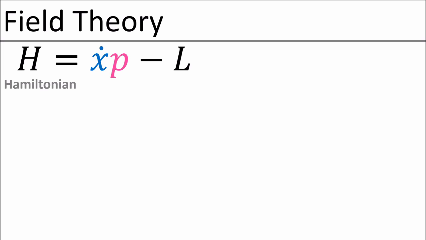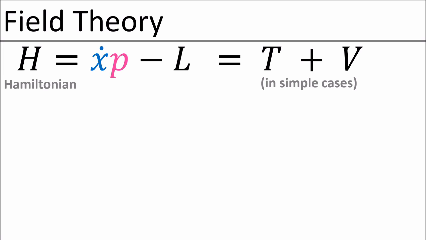This formula converts equations that use position and velocity into equations that use position and canonical momentum p. However, in simple cases where the Lagrangian terms obey some specific properties, the Hamiltonian is simply defined as the total energy of the system, which is kinetic plus potential energy.